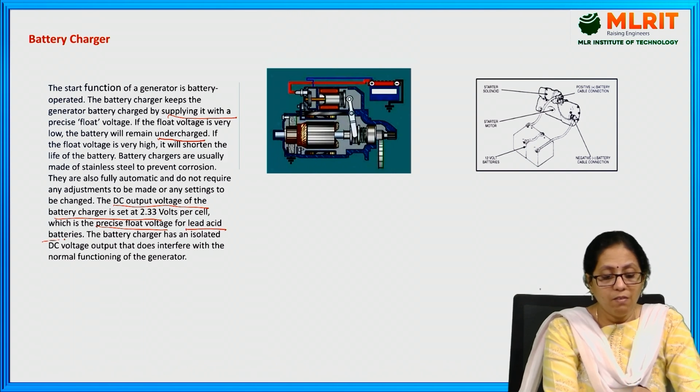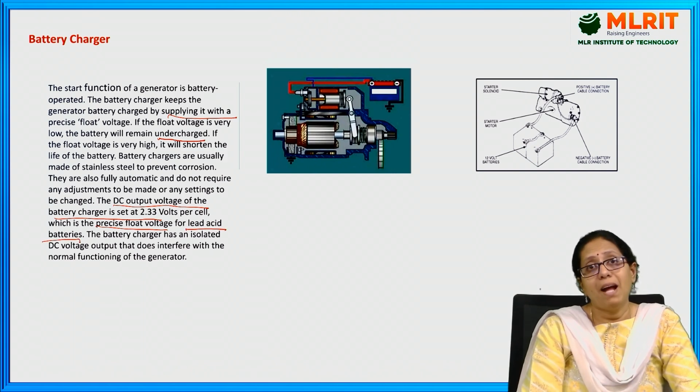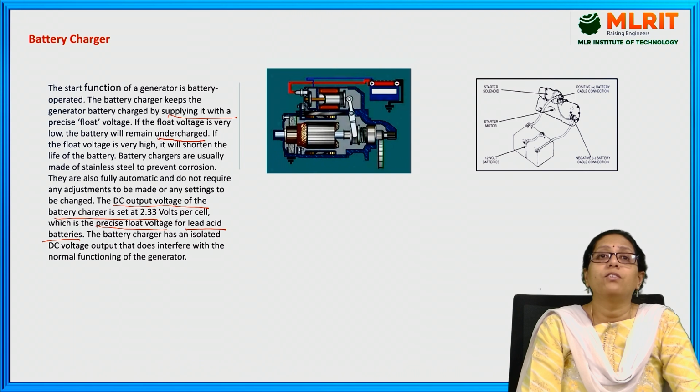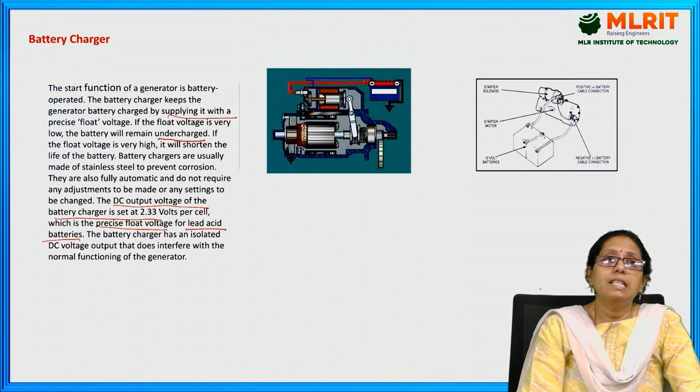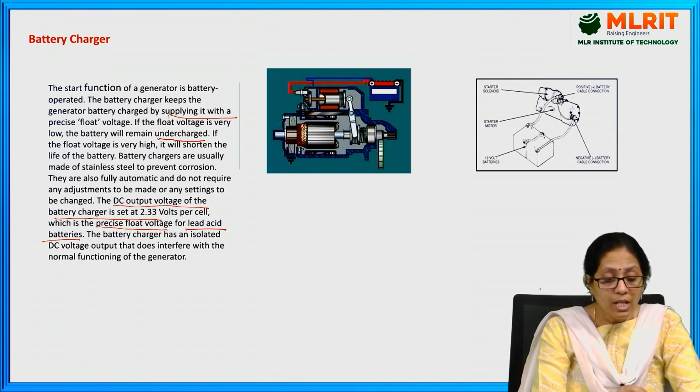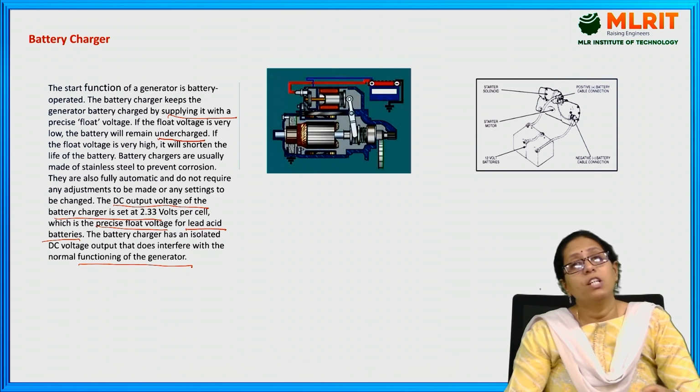So, mainly we will be using lead acid batteries with a voltage of 2.33 volts per cell. And the battery charger has an isolated DC voltage output that does not interfere with the normal functioning of a generator.